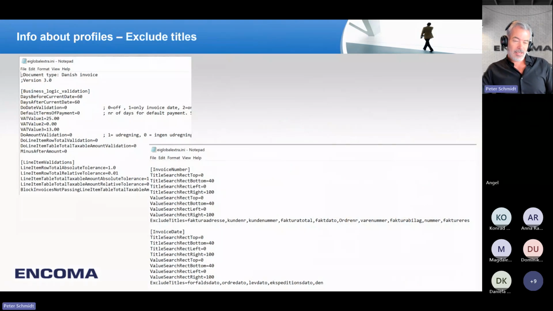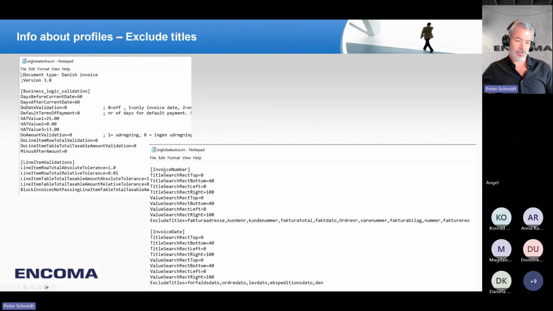Then I talked about the exclude titles. As you can see, for each language profile that you have in your system, you also have what we call an EI Global Extra ini file. That is a more or less hidden configuration file that we have. But here we can, for each field that we have, go in and put in some exclude titles.